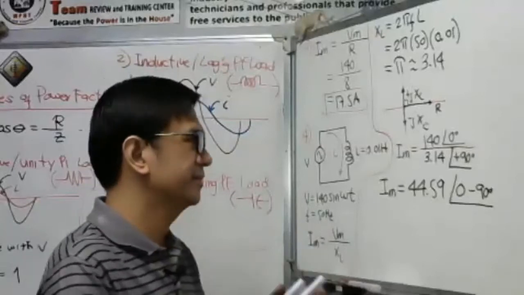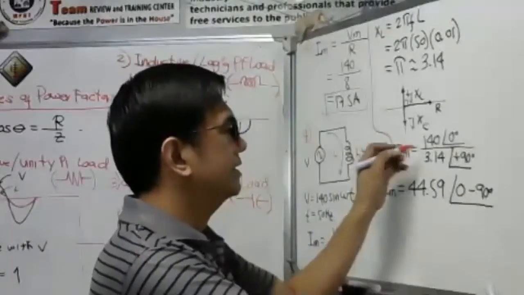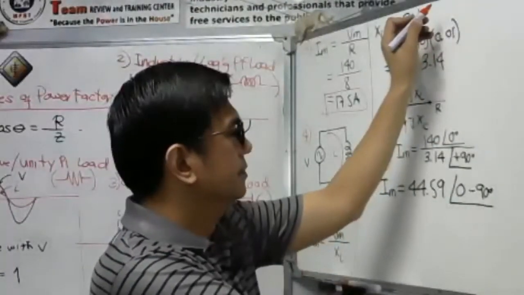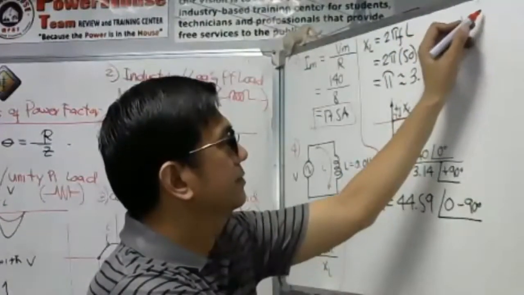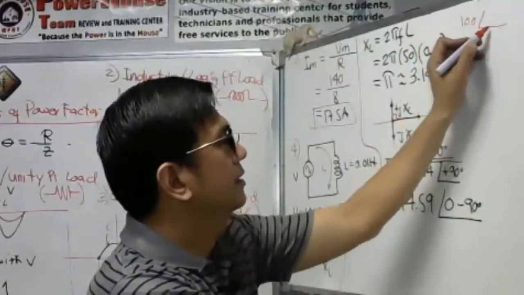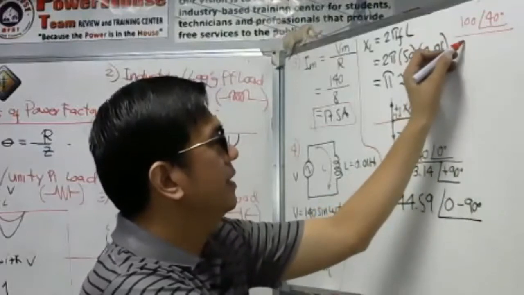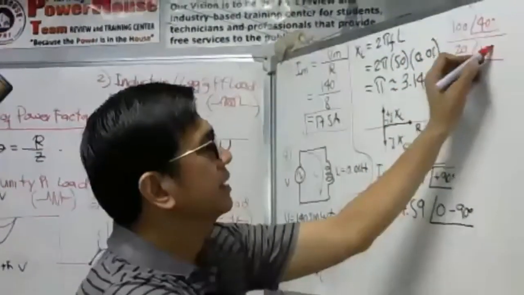What do I mean? I'll give you a little idea about this. Let's say you have 100 angle 40 degrees divided by 20 angle 10 degrees.